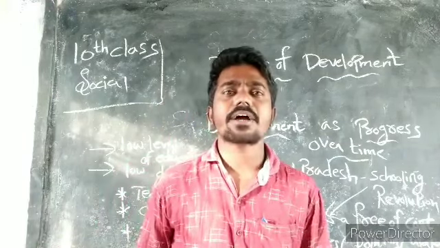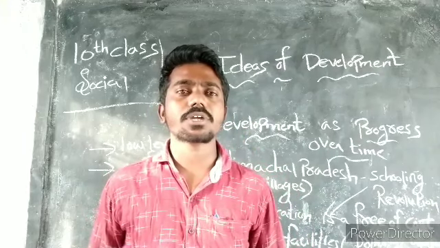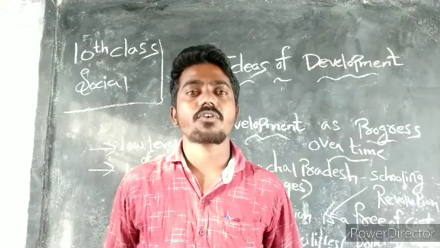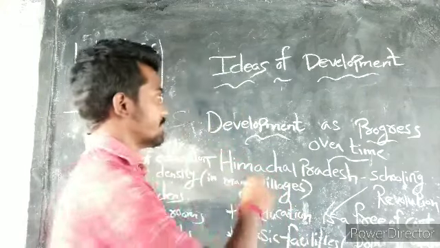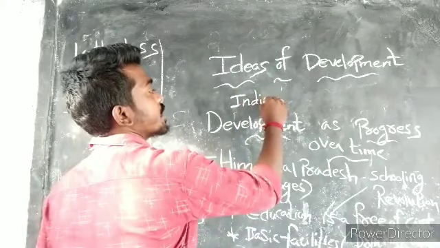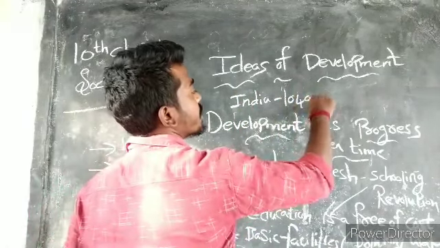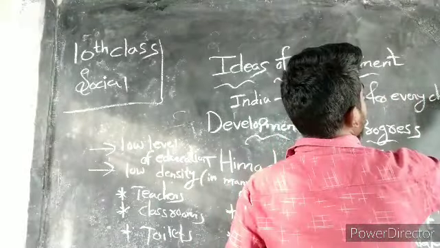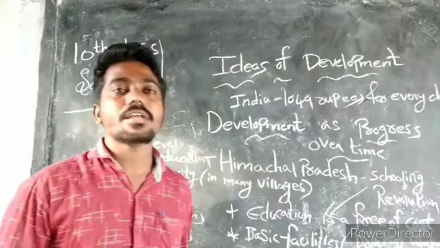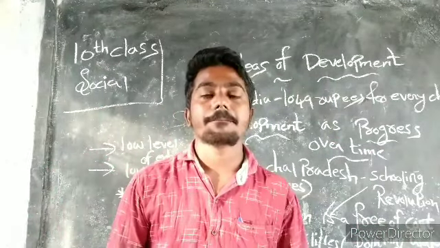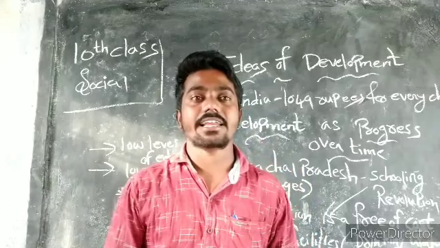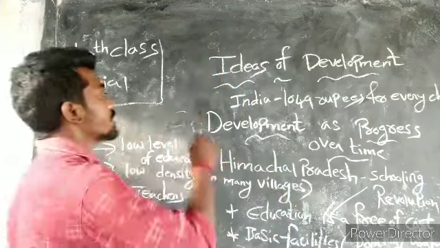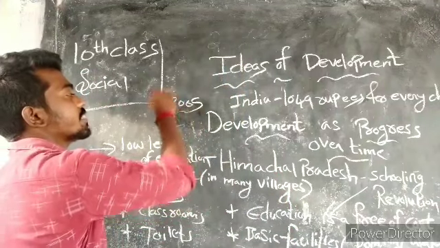And they spent a lot of money in the budget. For example, if you look at the year 2005, our Indian government was paying only 1049 rupees for every child. Look at Himachal Pradesh, almost 2005 rupees.